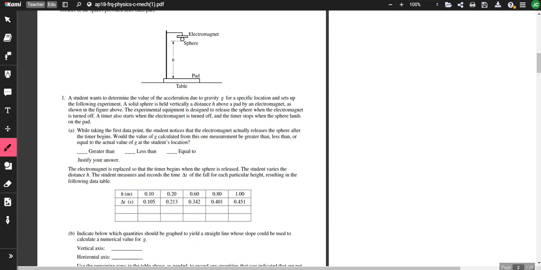The electromagnet that's released in the sphere drops a little bit after the timer begins. So that means that when we do our calculations, the time measurement that we have is longer than it's supposed to be. Our experiment is using the height and g to find time.